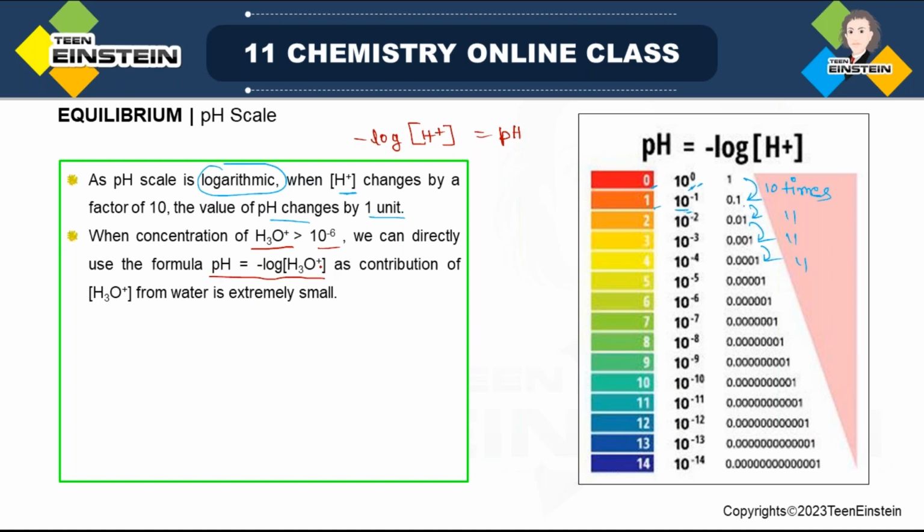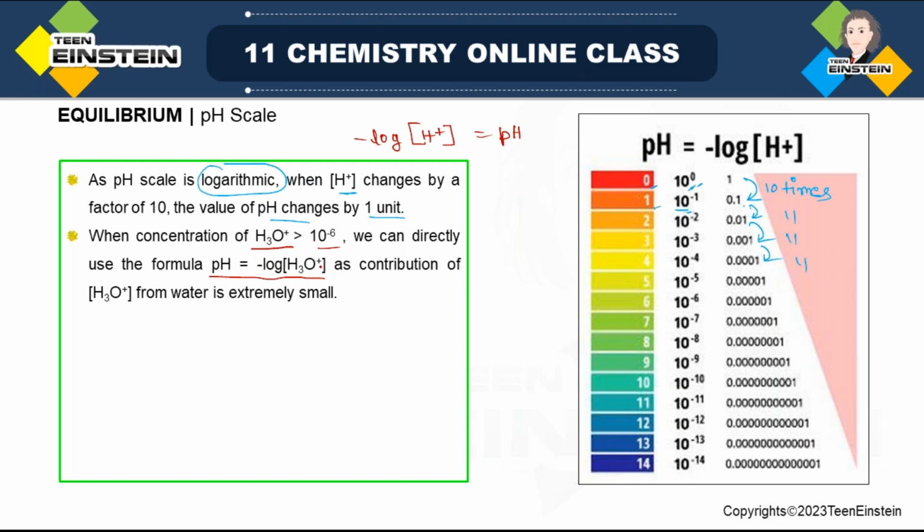There is no such problem. That means when it is 10 to the power minus 2, you can say it is pH 2, like this. Okay. But when the concentration of H3O plus is dilute, that means lesser than 10 to the power minus 6, 10 to the power minus 10, 10 to the power minus 11, in this case, what will happen?